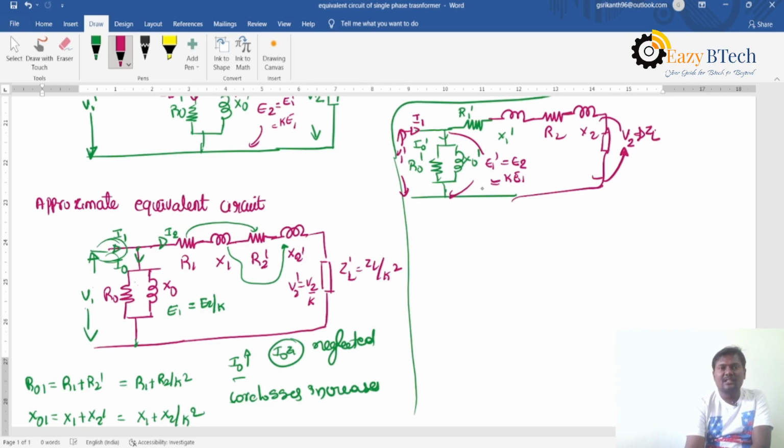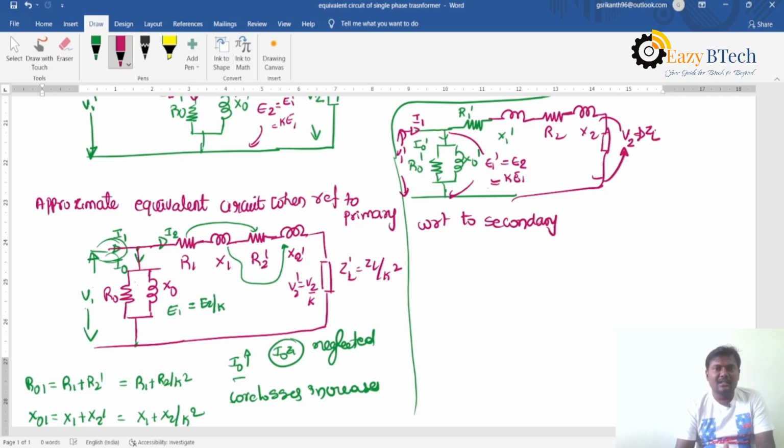This is the approximate equivalent circuit with respect to secondary, and this is the approximate equivalent circuit when referred to primary. In this equivalent circuit, we are representing the fixed parameters as well as the variable parameters.